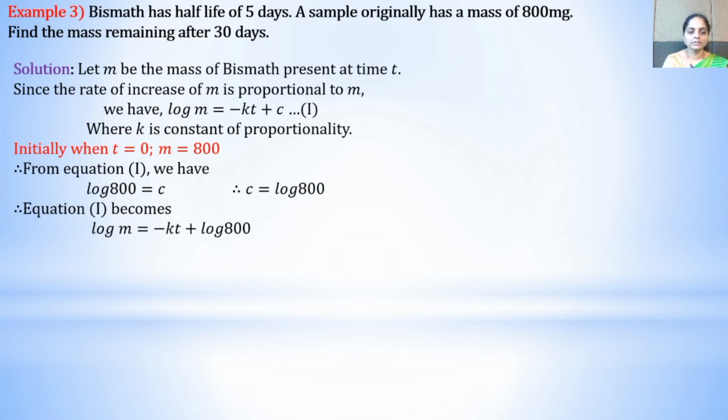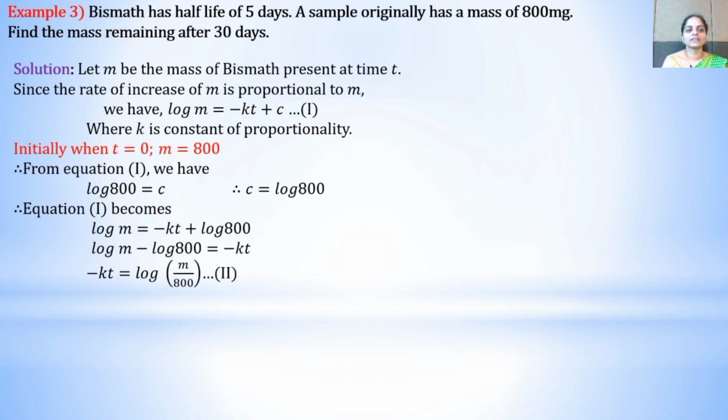Now we take the term log of 800 to the LHS. We get log m minus log of 800 is equal to minus kt. We know that log m minus log n is equal to log of m divided by n. So this equation becomes minus kt is equal to log of m divided by 800. This is our equation number 2.